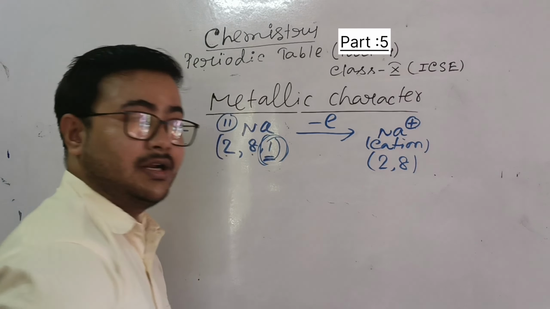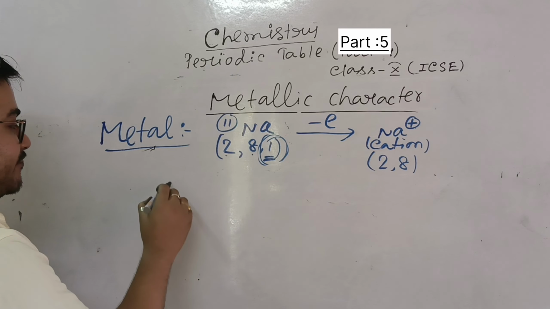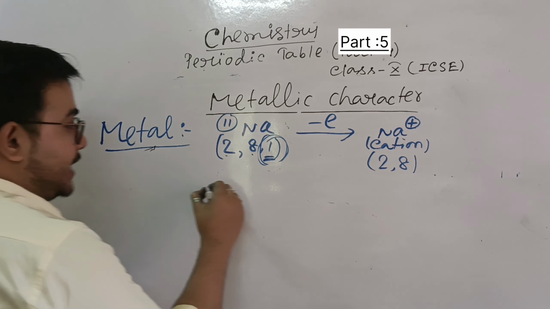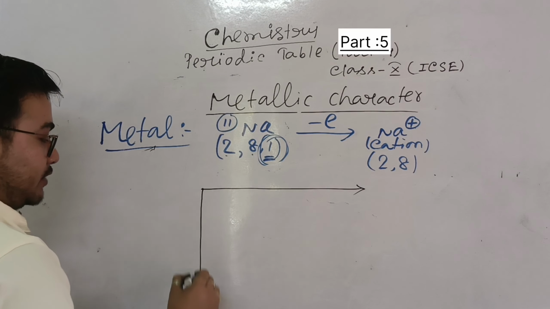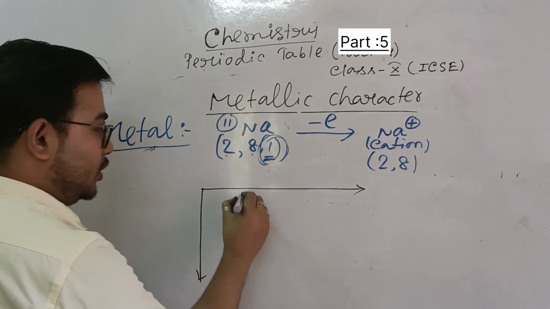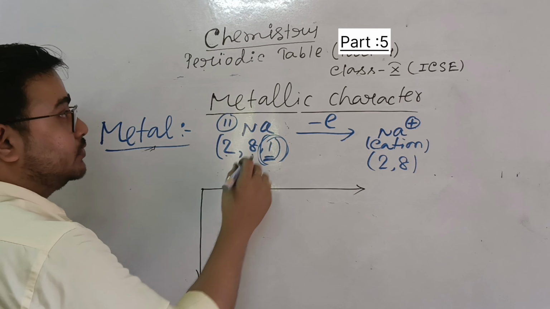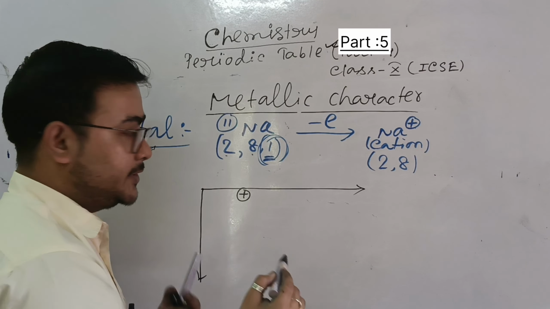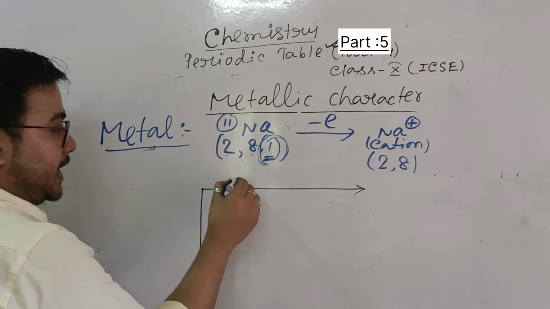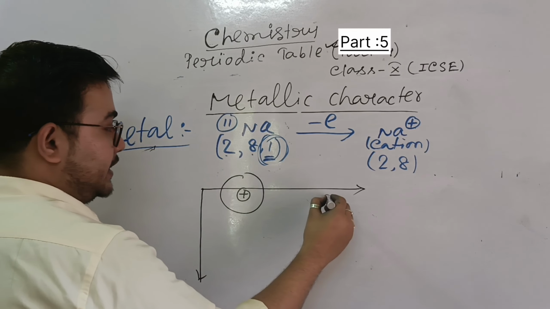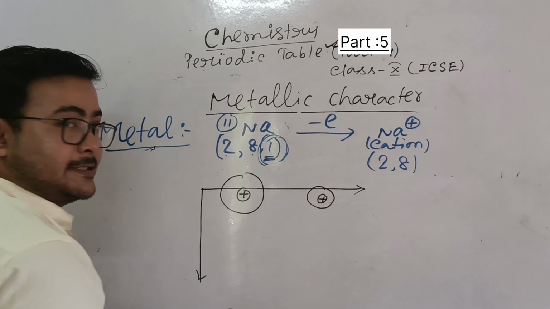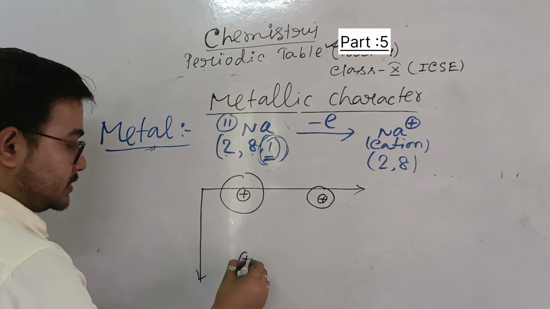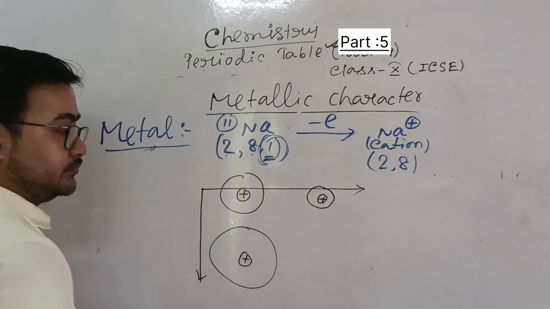Now our last topic. As you move left to right and as you move downwards, what will happen? If you complete part 3, then you can easily understand this concept. As you move left to right, generally radius decreases, and as you move downwards, radius increases.